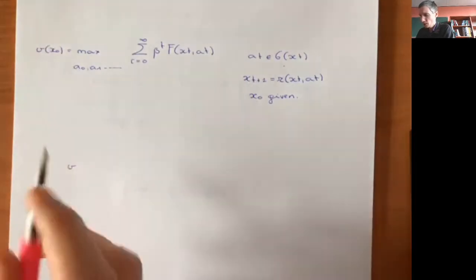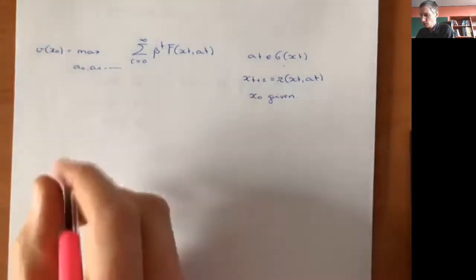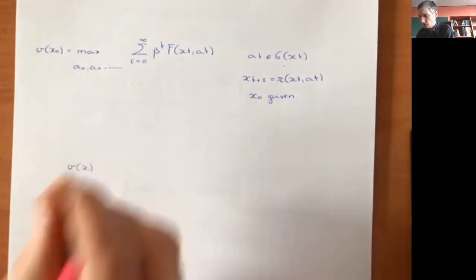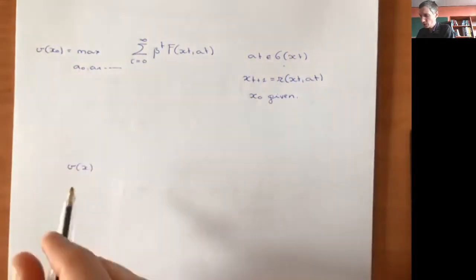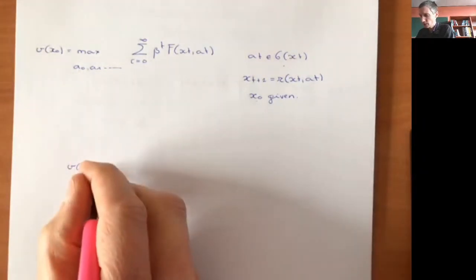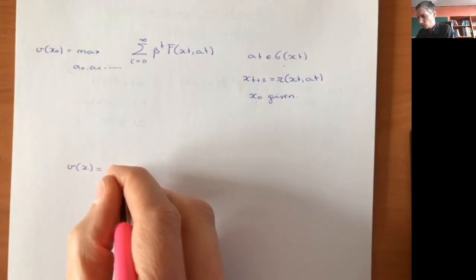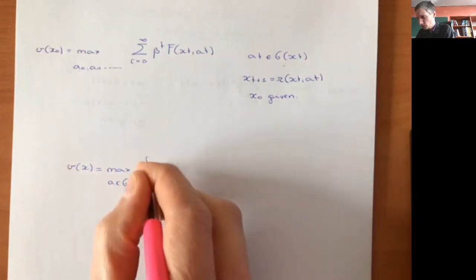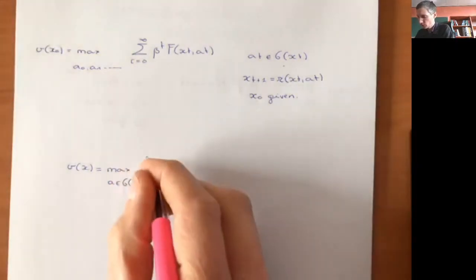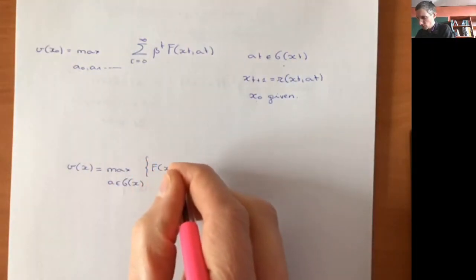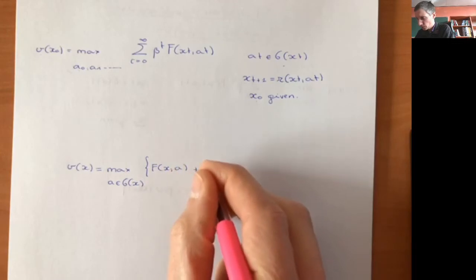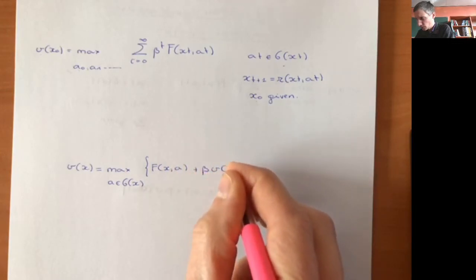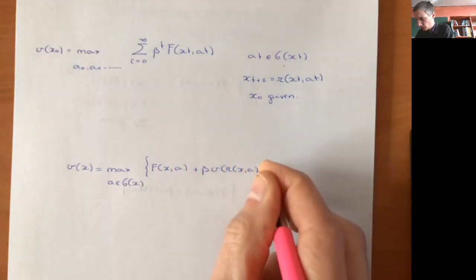Okay, so this function is going to satisfy the following equation: at any state x, v of x is going to be equal to the maximum over a in G(x) of the following function, f(x,a) plus beta v(r(x,a)).